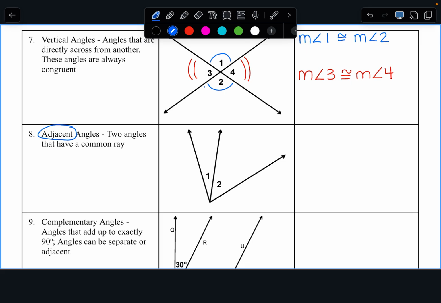Okay, so here, if we have B, A, C, and D. So AD, ray AD, is a common ray joining angle BAD and CAD.